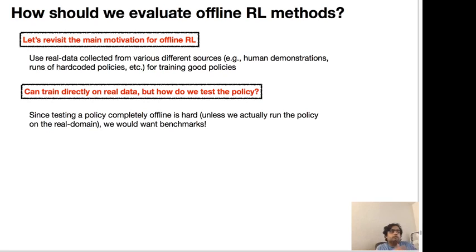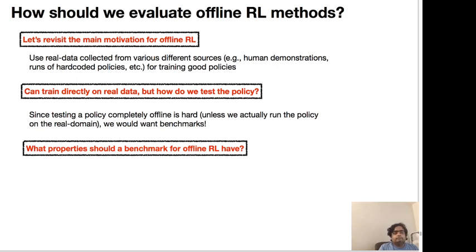Meaning that when we are prototyping a method, it's unrealistic to evaluate a policy generated out of RL in the real world, because that policy might actually end up being bad. So therefore, we want some kind of benchmarks that have the right motivation in them, but they also give us simulators where we can actually test out our policies.